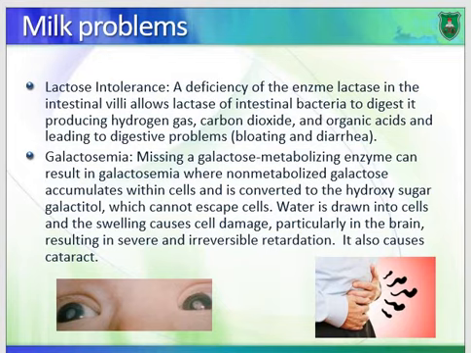Since we're talking about a genetic problem, this problem is going to happen at an early age and would result in damaging very vital tissues like the brain and, for example, the lens of the eye. So once it damages the brain, it results in mental retardation, and it's irreversible definitely, and it also results in cataracts, or clouding of the lens of the eye, which is colloquially called white water.